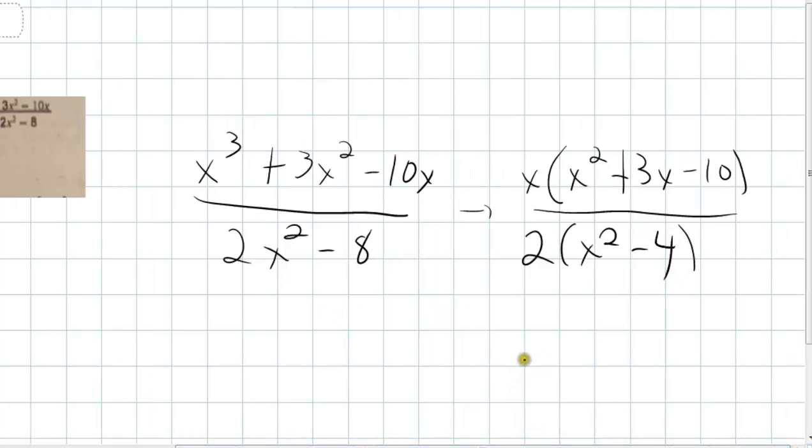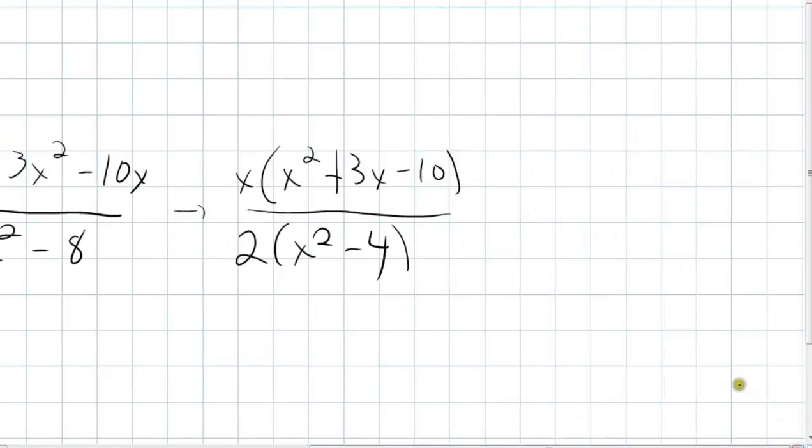Now we look at what's inside of here. Both of these are fairly easy to factor. First, look at what's inside this parentheses: x squared plus 3x minus 10. When you factor it, it'll look like two parentheses with an x here and an x here, and you just have to figure out the numbers.